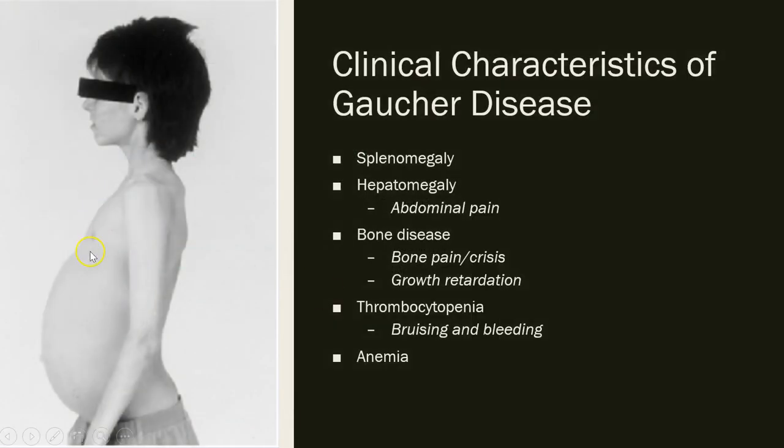And so here is a picture of a little boy with this very enlarged abdomen, splenomegaly, hepatomegaly, causing abdominal pain, bone disease, bone pain and crisis, and growth retardation. They have decreased bone density. Thrombocytopenia can result in bruising and bleeding, and then, of course, anemia.